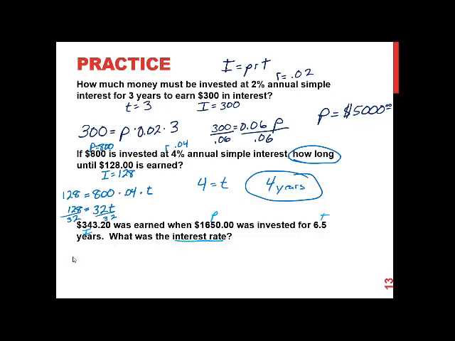So we'll just set this in. 343.20 equals 1650 times I times 6.5. That's 343.20 equals I times, if we do 1650 times 6.5, we get 10,725.